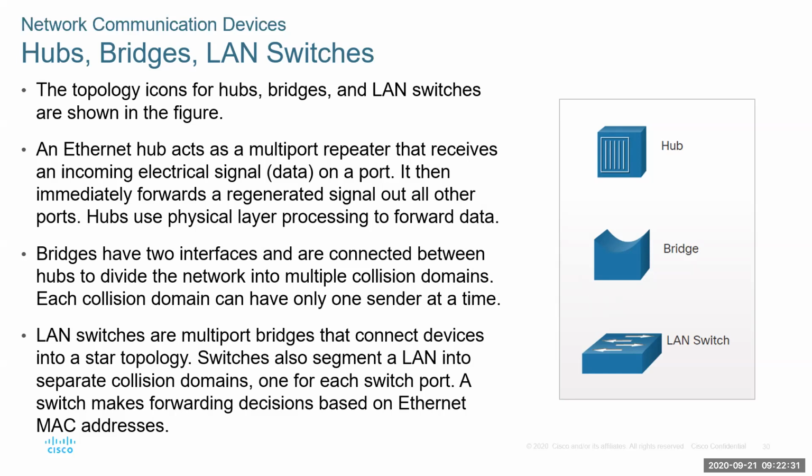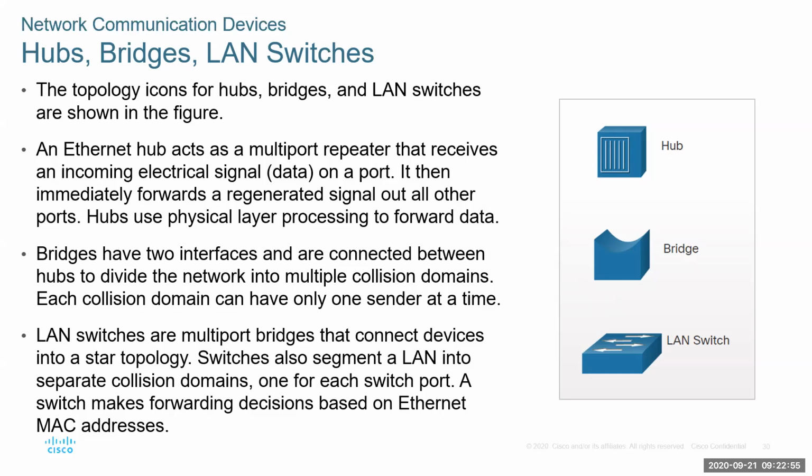In a collision domain, it can only send one sender at a time, right? So it's trying to prevent collisions inside of there. Therefore, if you can only have one computer communicate at a time, you're not getting any kind of duplexing or anything like that. So switches are basically multi-port bridges so that you have smaller collision domains, and therefore you operate in like a star topology.